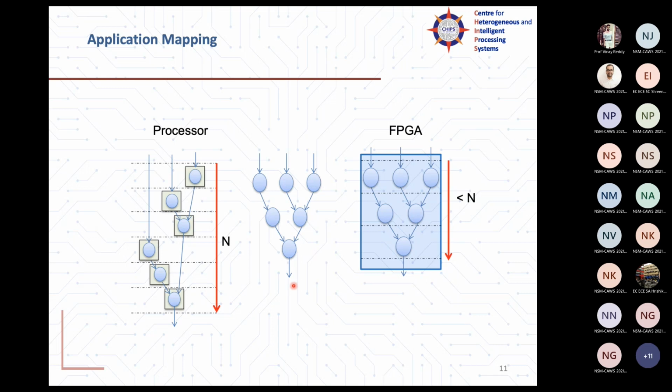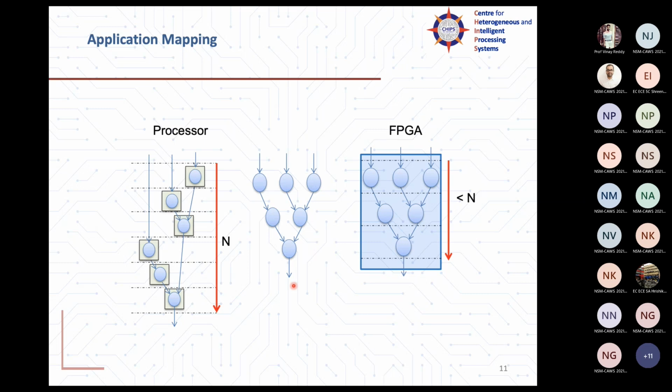So the latency from the input to the output is definitely lower on an FPGA than on a processor. The number of clock cycles you need is definitely lower on an FPGA because you are configuring custom operators which are not limited by the microarchitecture of the device that it's running on.